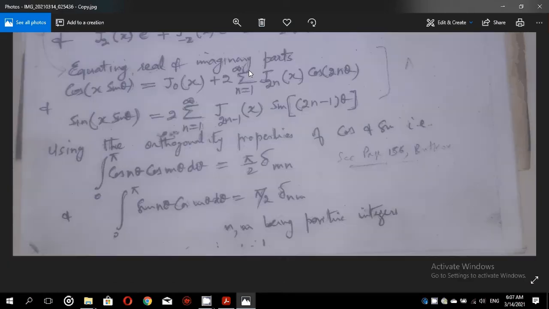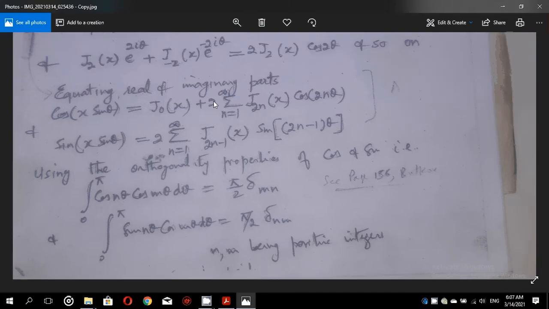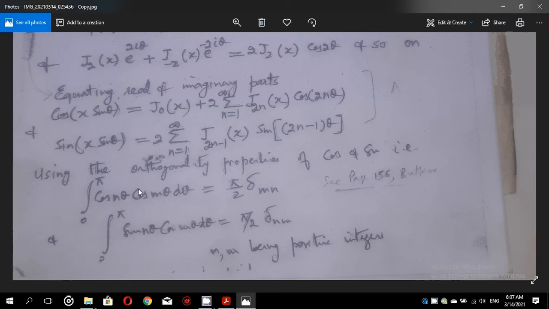Now we will use the orthogonal property of the cosine and sine functions here. This is the orthogonal property for the cosine function, and this is the orthogonal property for the sine function.